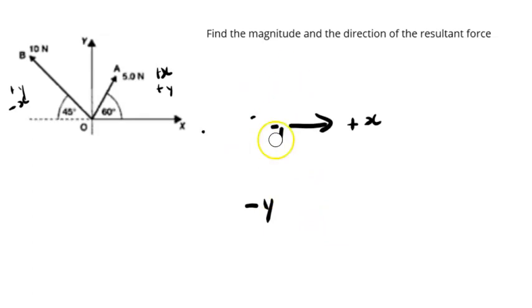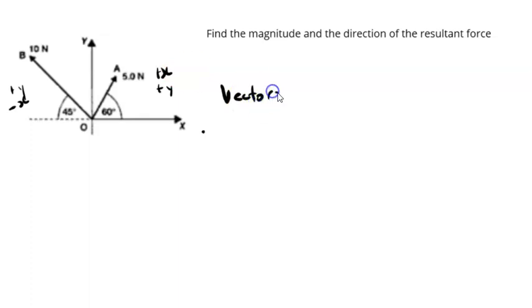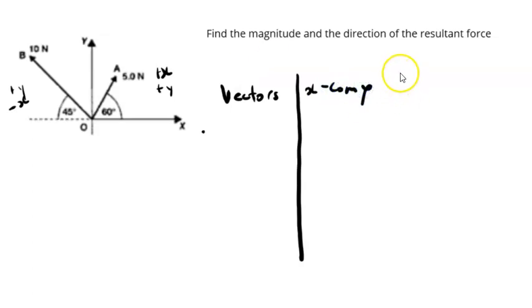We're going to keep that in mind when answering this. Normally I like to create a table to answer this. I'm going to quickly create a table for you, and we're going to have vectors, an x component, and a y component.